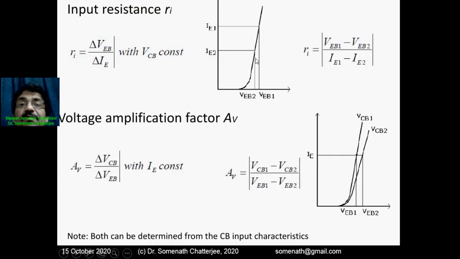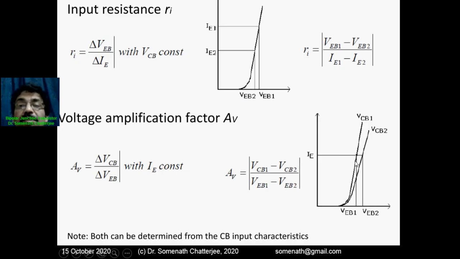So from here we can find this; the straight line in the linear part we should consider for getting this. And here we can get the amplification factor AV in the input level, that is VCB by VBE with IE constant. That is called the amplification factor, and it is given from this curve.